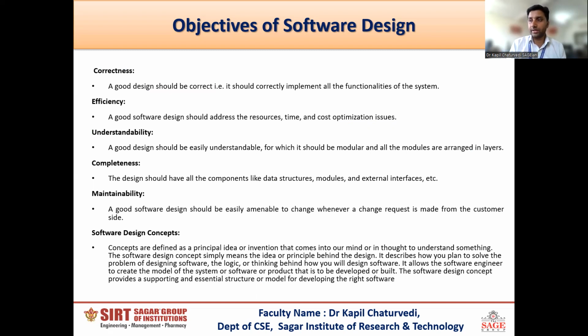Then we follow that and implement the code. So the possibility of mistakes is minimized if we implement that kind of design. That is what the term correctness says: we prepare correct software if we follow a design.